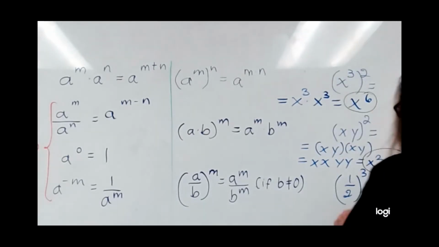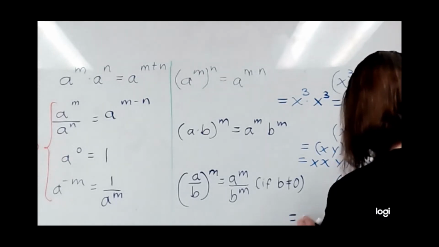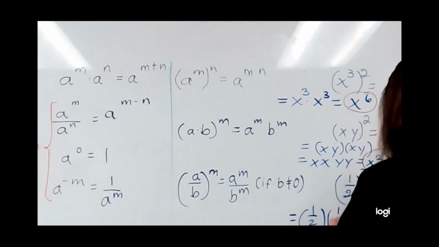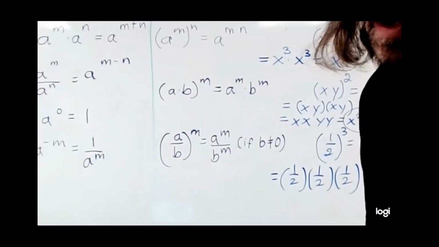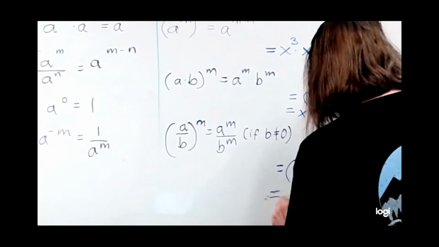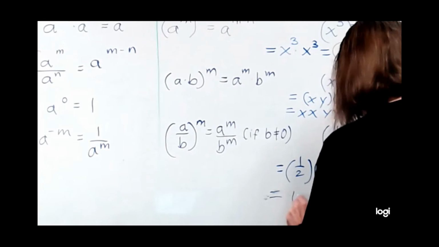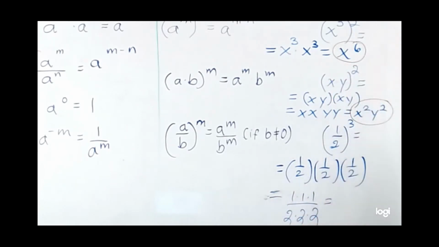And last, in the review, if we have the quantity 1/2 getting cubed, on the one hand, we could say, well, let's multiply 1/2 times 1/2 times 1/2, going straight across the numerators and straight across the denominators to get 1/8.